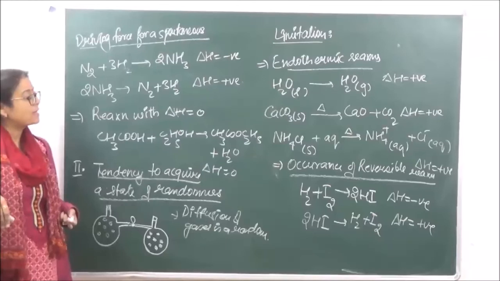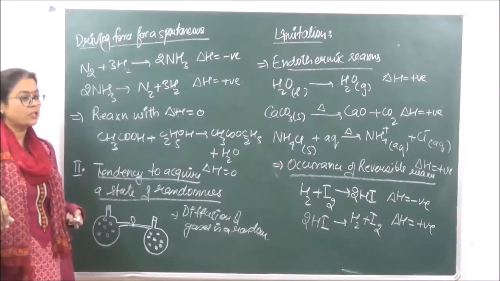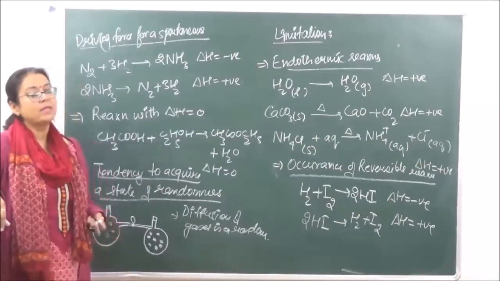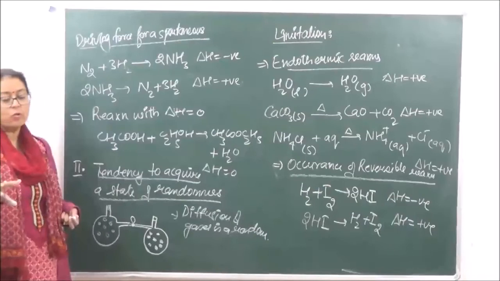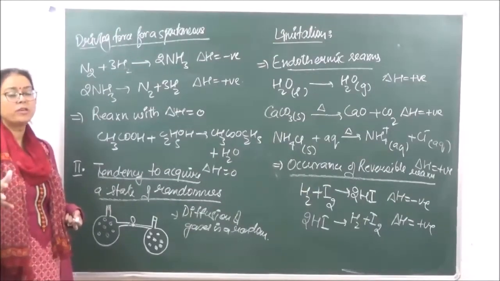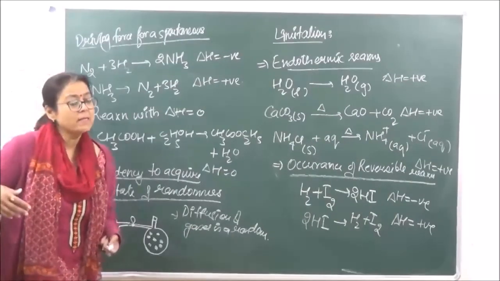So the second factor which is going to be responsible for any spontaneous reaction is increase in randomness or increase in disorderness. So now we have two factors over here. One is the energy factor, for any reaction to go into lesser energy. And the second one is randomness.